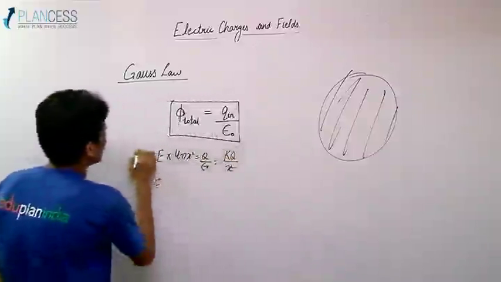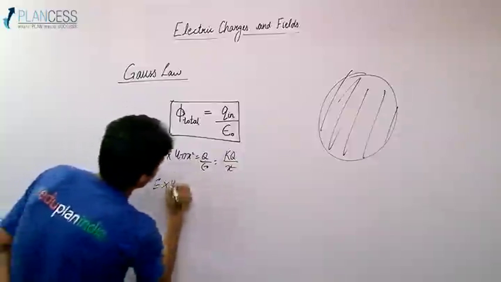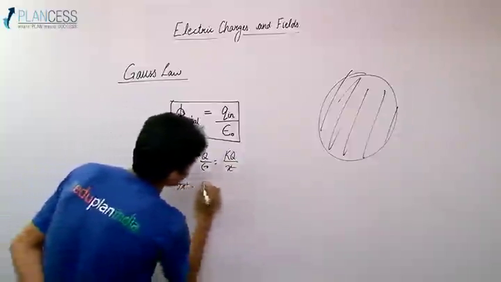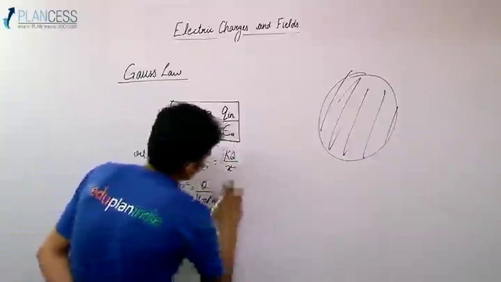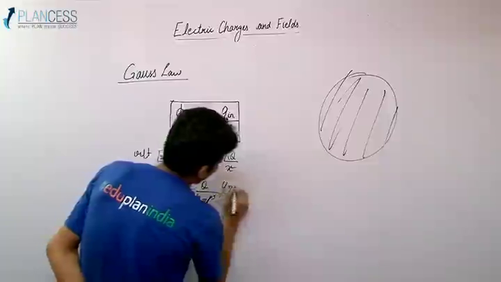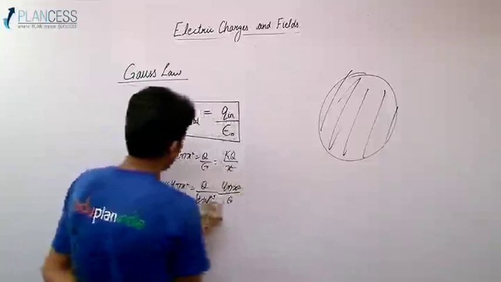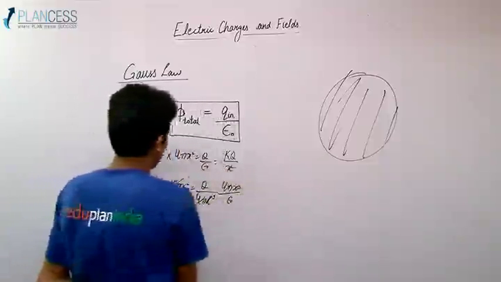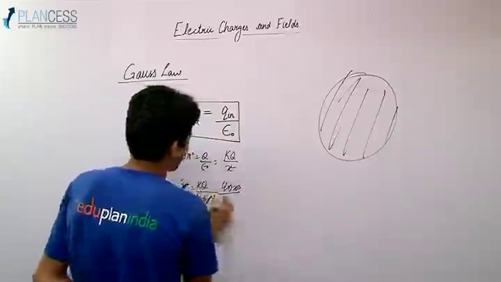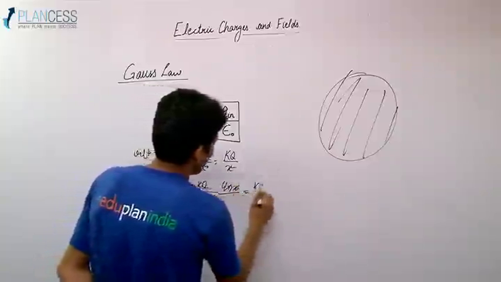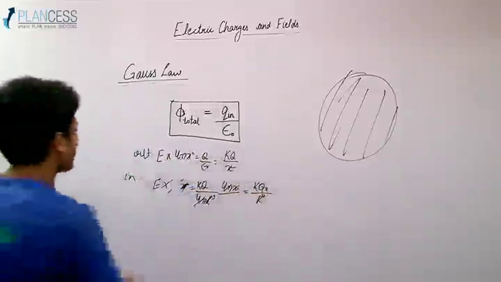And for inside, I can write E into 4 pi x square equals Q inside, which can be written as Q by 4 pi r cube into 4 pi x cube divided by epsilon naught. So 4 pi gets cancelled out. This 4 pi will go with this epsilon naught and form k, and this x square gets cancelled out, and you are left with kqx upon r cube, which was the formula derived for the solid sphere.